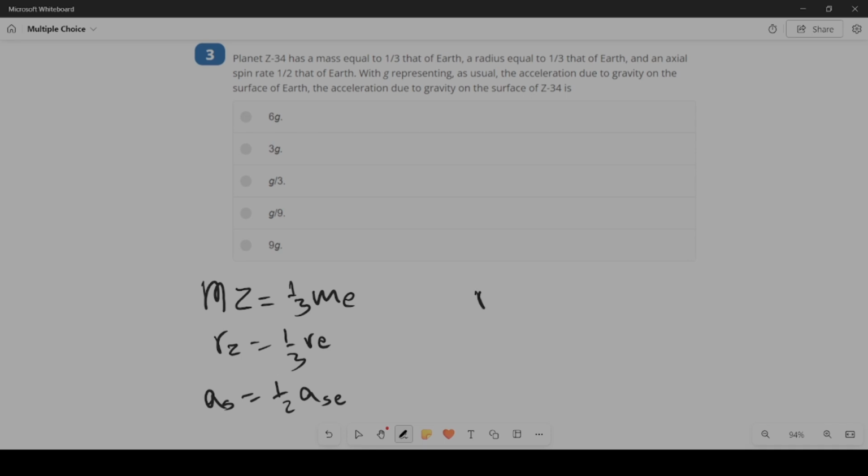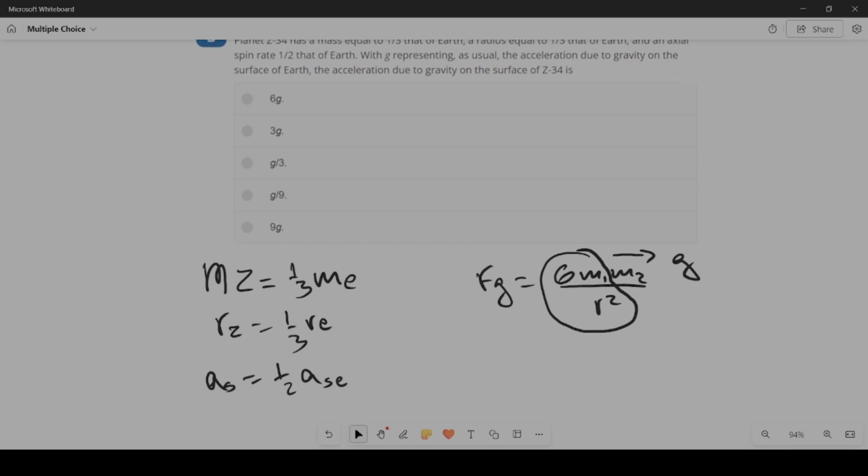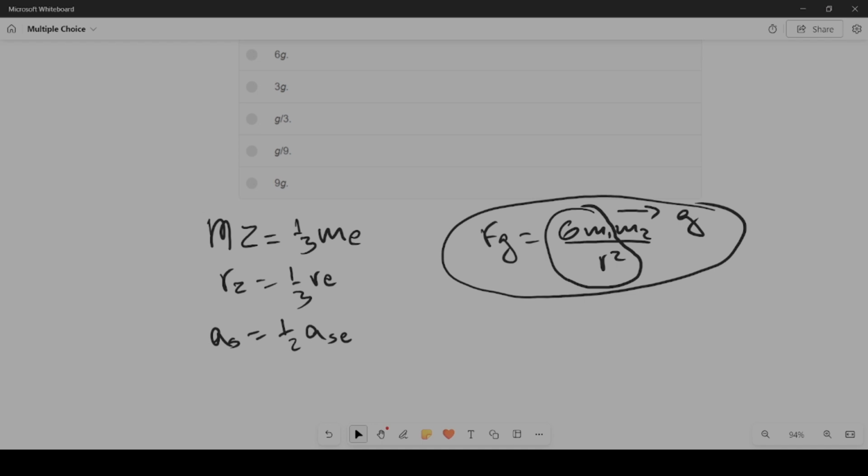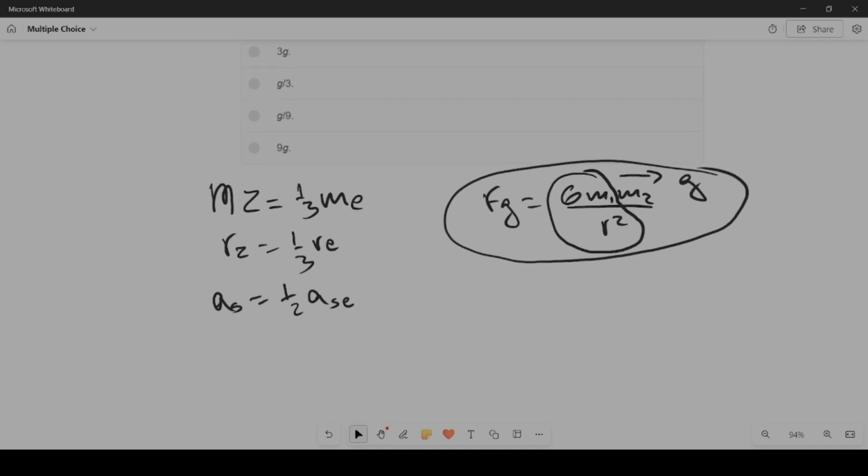Well, we know that the force of gravity equals G m1 m2 over r squared. And we know too that this term over here is what we call the acceleration of gravity. So now we only have to compare this value at Earth with the value at planet Z. So let's write the expression for Earth.